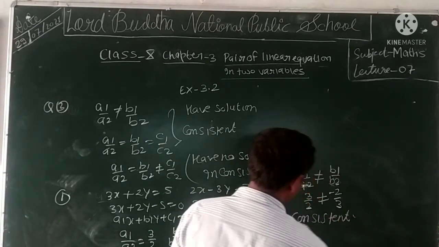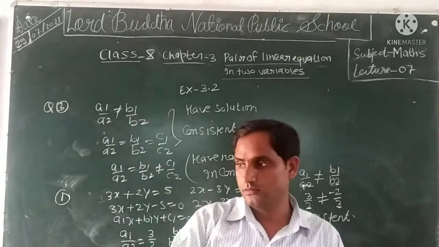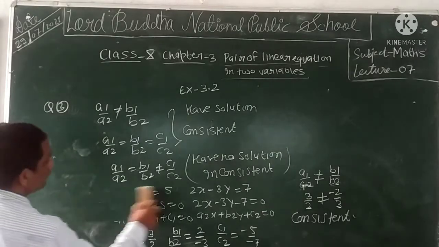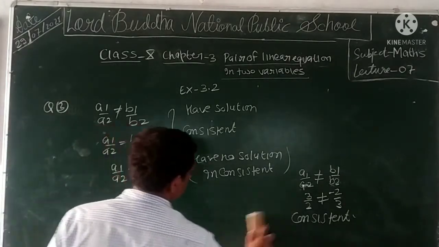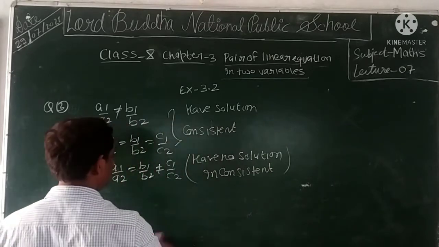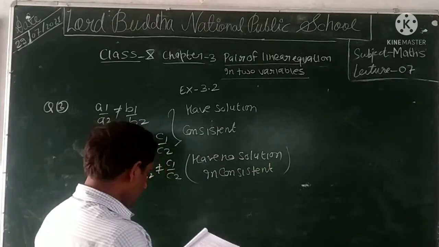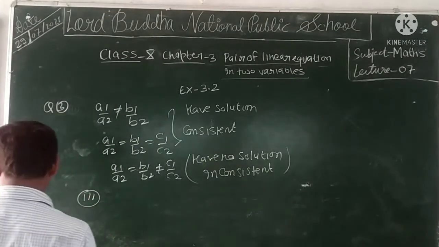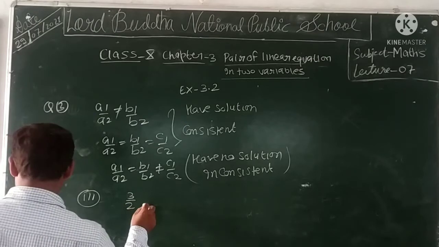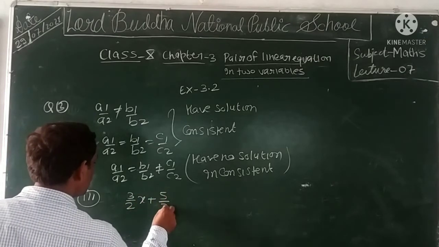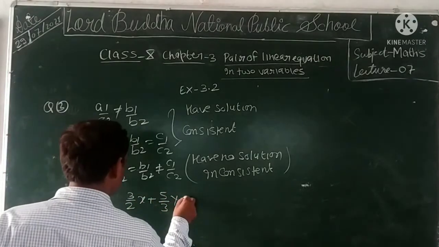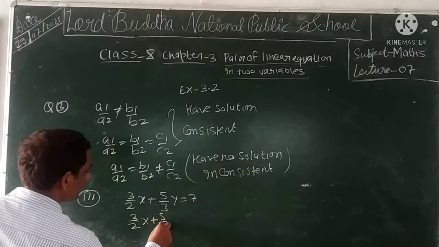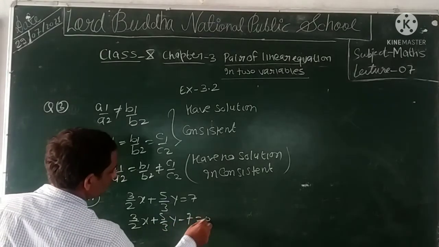Okay? Now we see the other parts of this question. We see the third part of this question: 3 upon 2 x plus 5 upon 3 y equal to 0, we can write as 3 upon 2 x plus 5 upon 3 y minus 7 equal to 0.